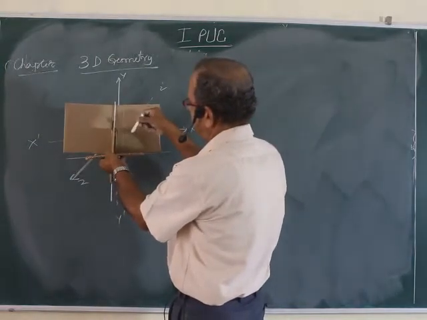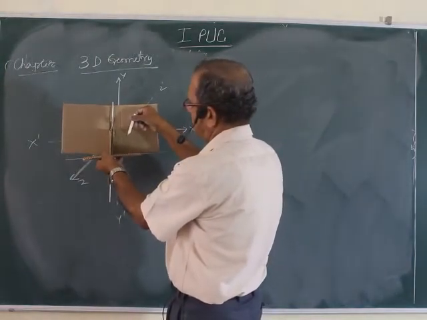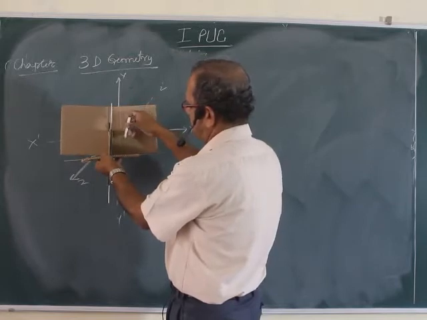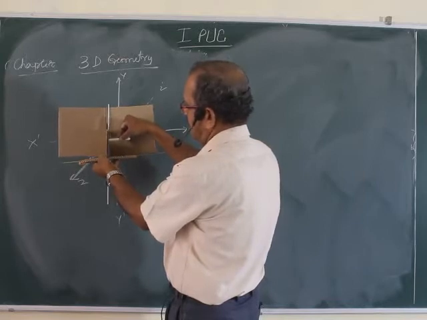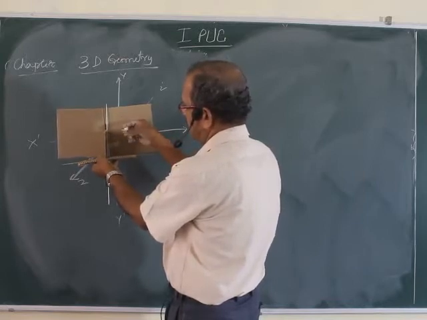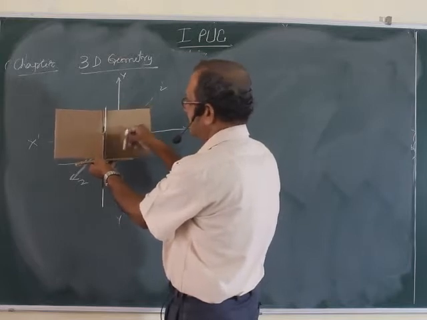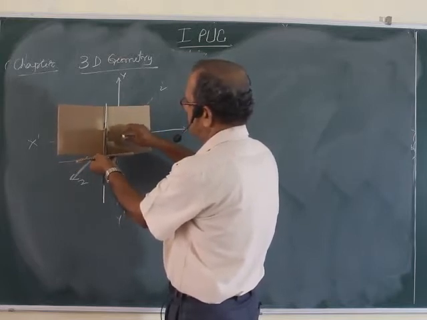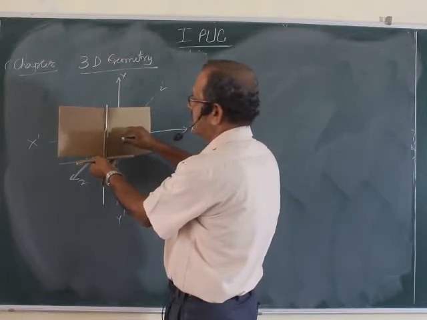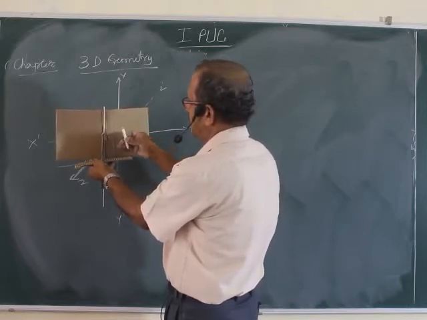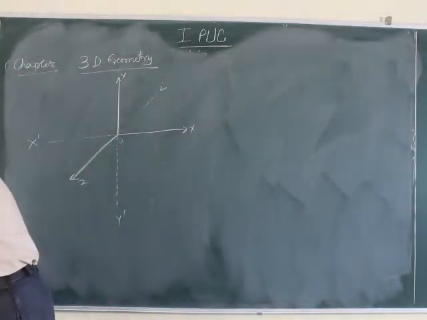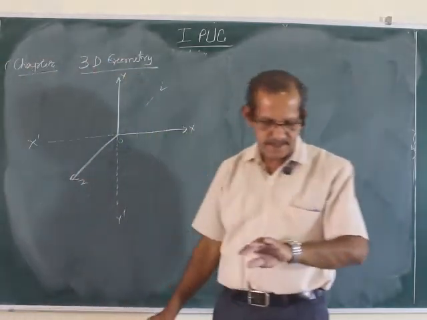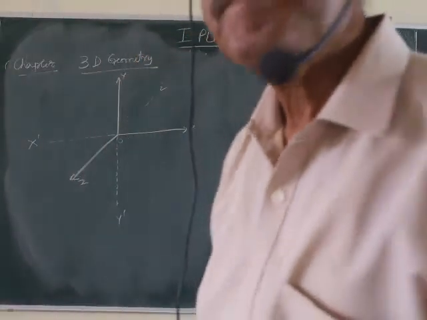This is the point. The tip of the chalk is there and it is the point. Distance of that point from the YZ plane is the X coordinate. Distance of the point from the ground is the Y coordinate. Distance of the point from the board is the Z coordinate. X coordinate, Y coordinate, Z coordinate. Clear, no? Is it clear?